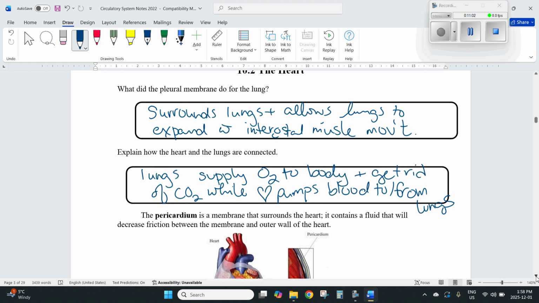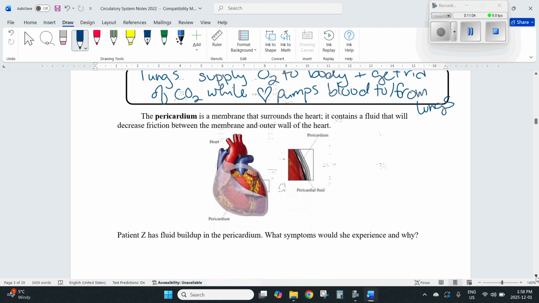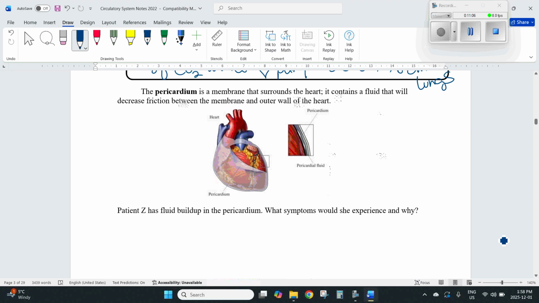Now, moving down, we have the pericardium. So we're going to start with the outside structure of the heart. So the pericardium is a very thin membrane that is surrounding the heart itself. So this contains a fluid that is going to decrease friction between the membrane and the outer wall of the heart.